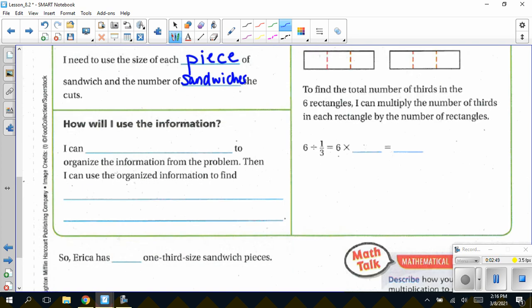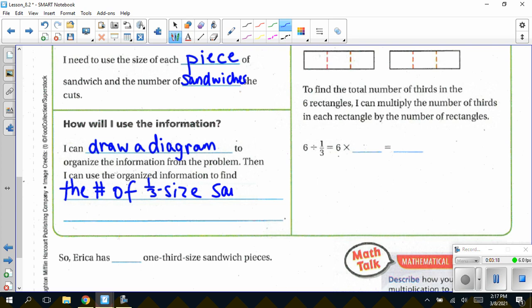Again, the strategy is to draw a diagram, so I can draw a diagram to organize the information from the problem. Then I can use the organized information to find the number of 1/3 size sandwiches.